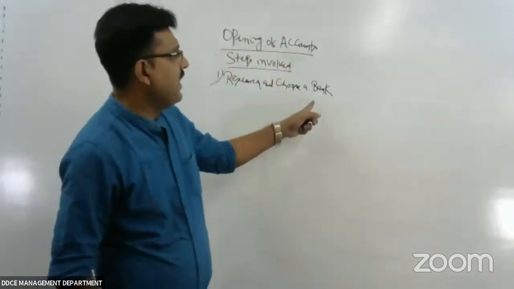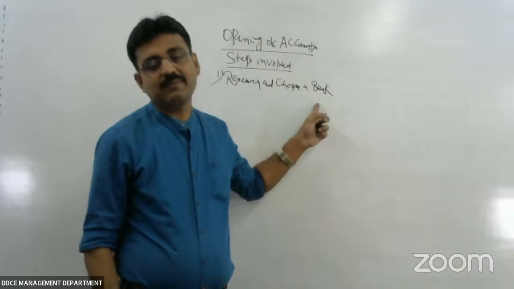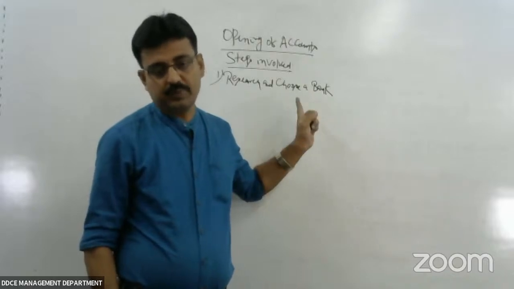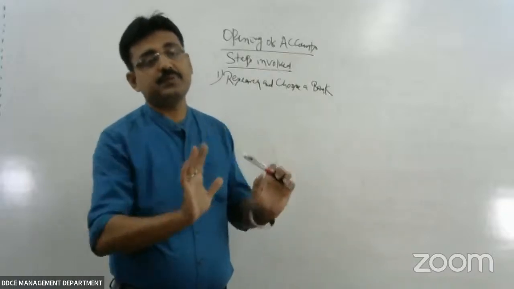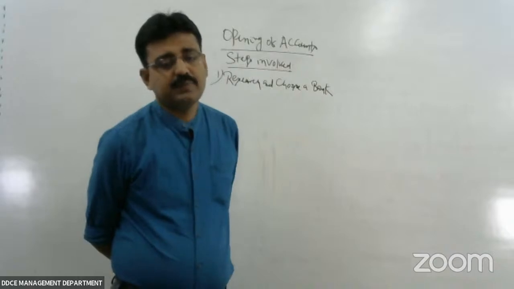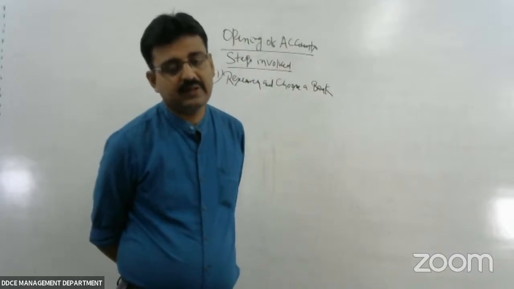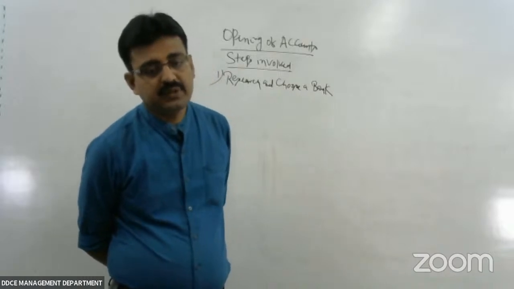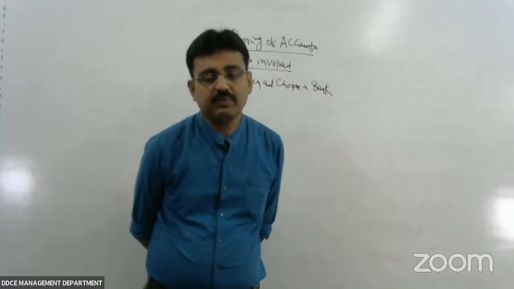And while choosing a bank, you must take into consideration the type of account you want to open. As there are a number of banks, you need to identify which particular bank. So for that, we generally take into consideration which bank is going to provide us the maximum return that we are expecting, because on our deposits, we expect the return in the form of interest along with the safety of our funds.